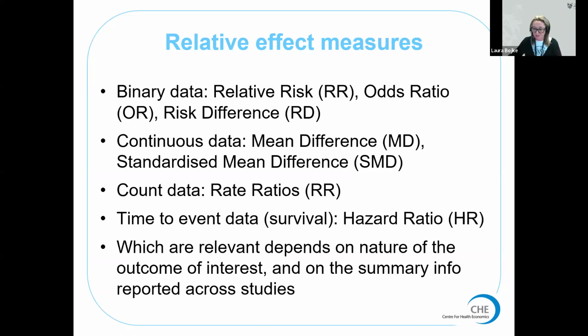Again, for individuals that have the outcome of interest versus those that don't. So for continuous outcomes, and this may include things such as changes in BMI, changes in blood pressure, we can compute the average absolute difference between groups. So again, that would be the exposed group versus the not exposed.